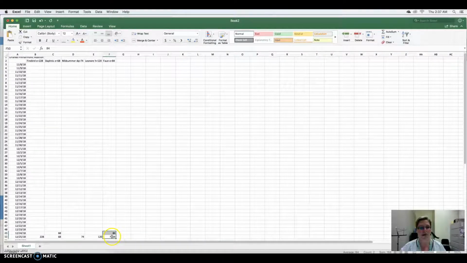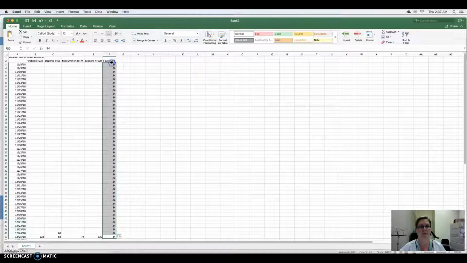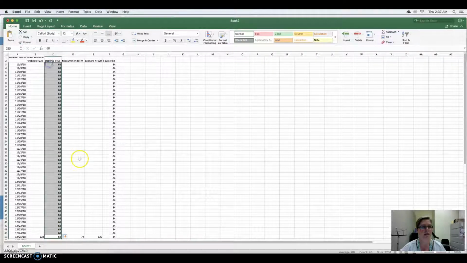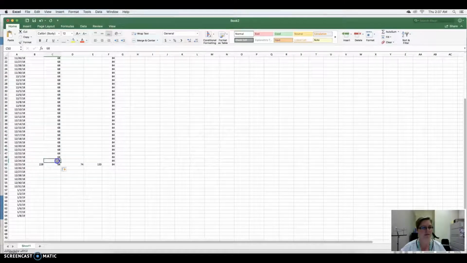So it's 84 and 84. They're the same. And this should auto-populate with 84 the whole time. Same with 68. And actually, I forgot to take that past Christmas. So I'm going to highlight those 2 again and drag it down.